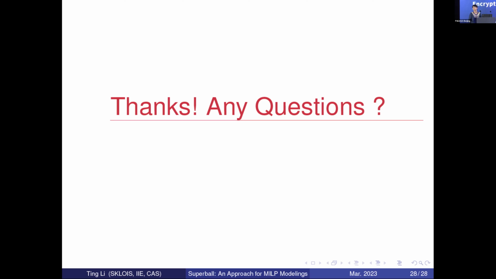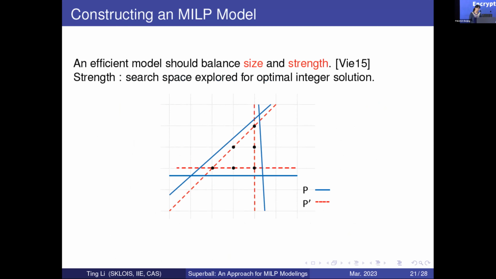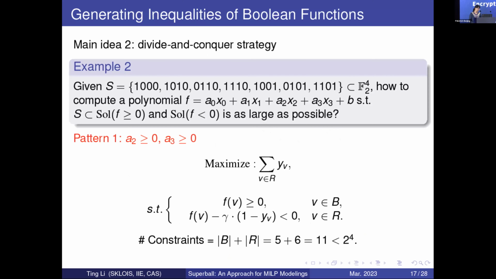How about AES S boxes? In fact, the AES S box is easier to solve because the number of points in B and R is smaller than Skinny, and the solving time of each pattern is shorter.